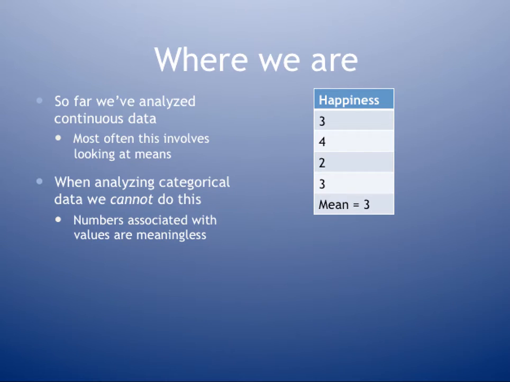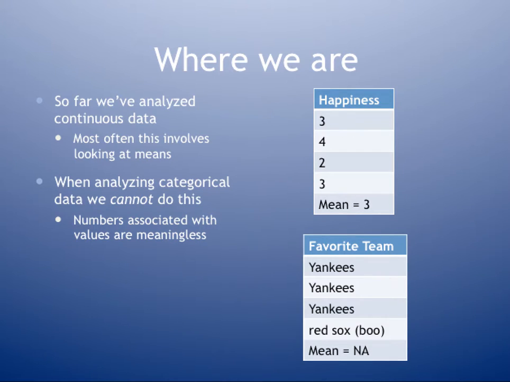However, we cannot do this when we look at categorical variables. So these are variables whose values are meaningless. So for example, if you had a list of people's favorite teams, you got in this case 4 people together, you ask what their favorite baseball teams were, you have 3 Yankees, 1 Red Sox, and you can't get a mean from that, right?